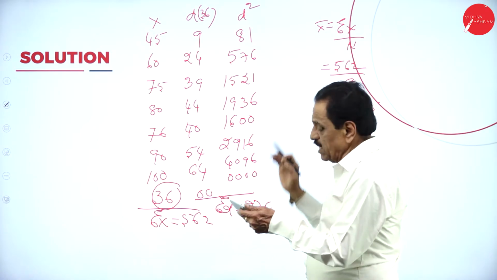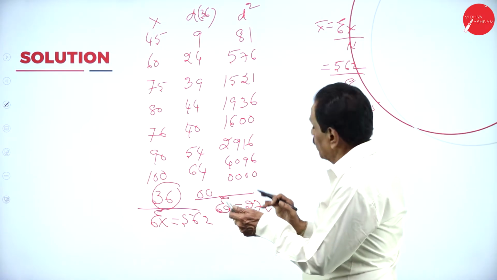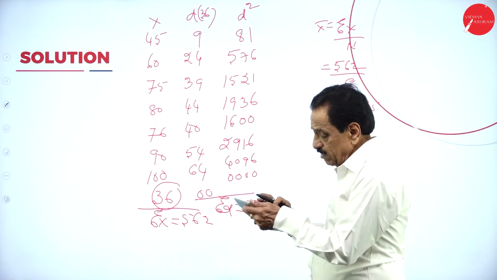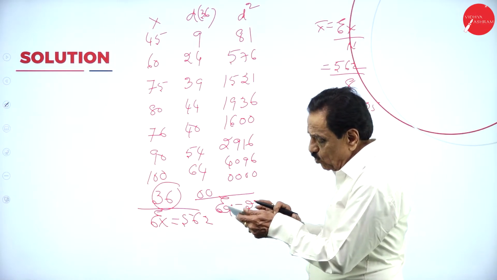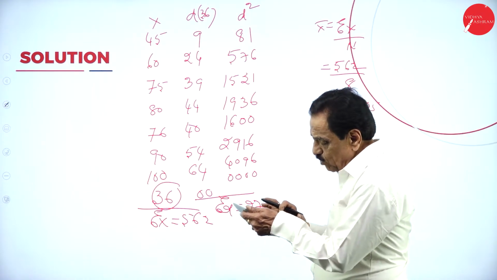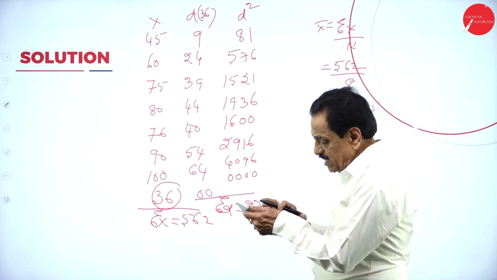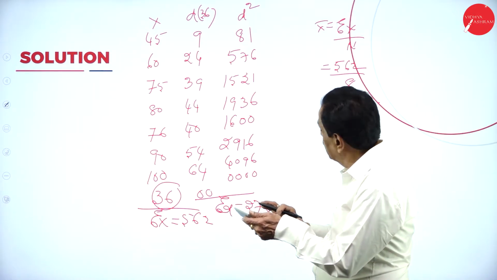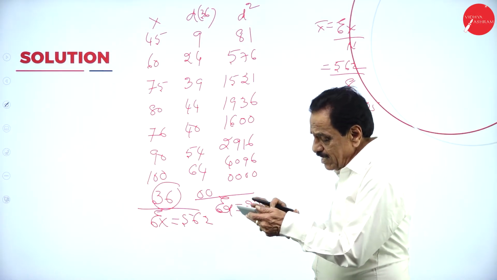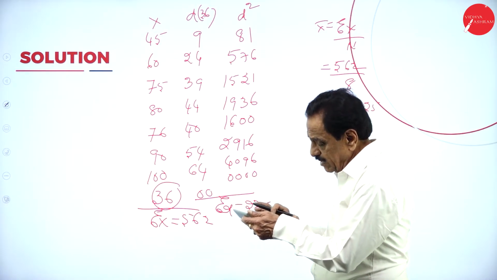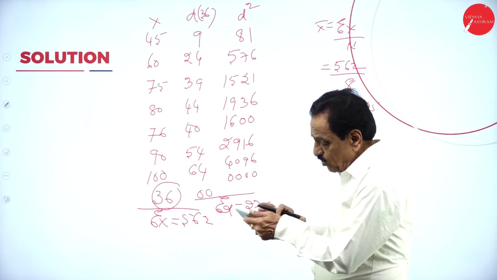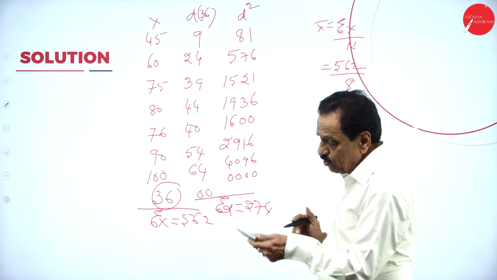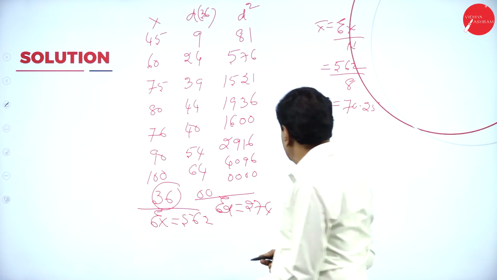Once again, 81 plus 576 plus 1521 plus 1936 plus 1600 plus 2916 plus 4096 is equal to 12,726.